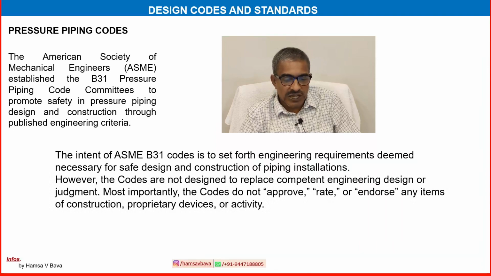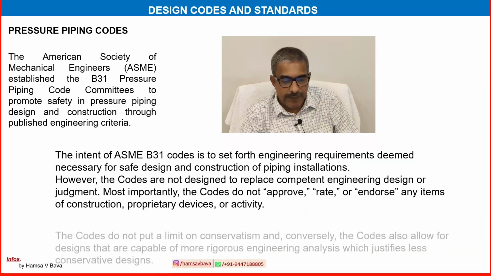However, the codes are not designed to replace competent engineering design or judgment. Most importantly, the codes do not approve, rate or endorse any item of construction, proprietary devices or activity.